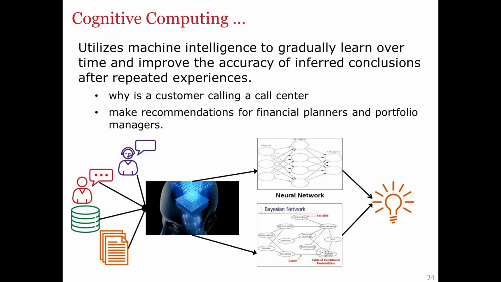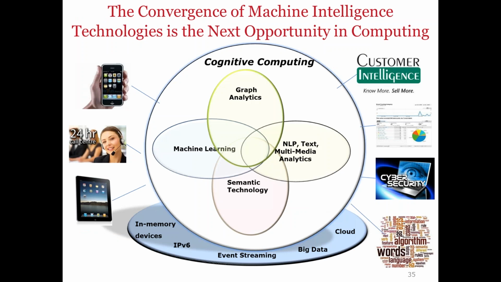So cognitive computing we can look at as an incremental iterative feedback loop into learning algorithms to improve the conclusions over time and to select the algorithms that are the most accurate, to use those and let others fall off, so that it's a process of incremental improvement over time. So cognitive computing is an important capability.